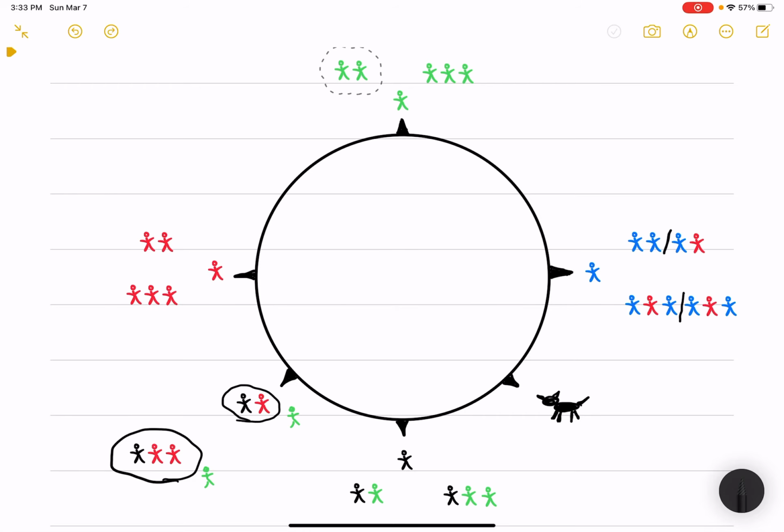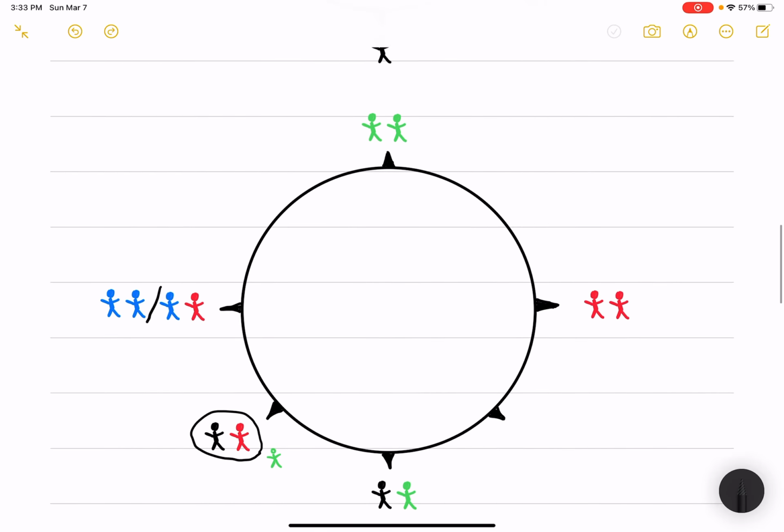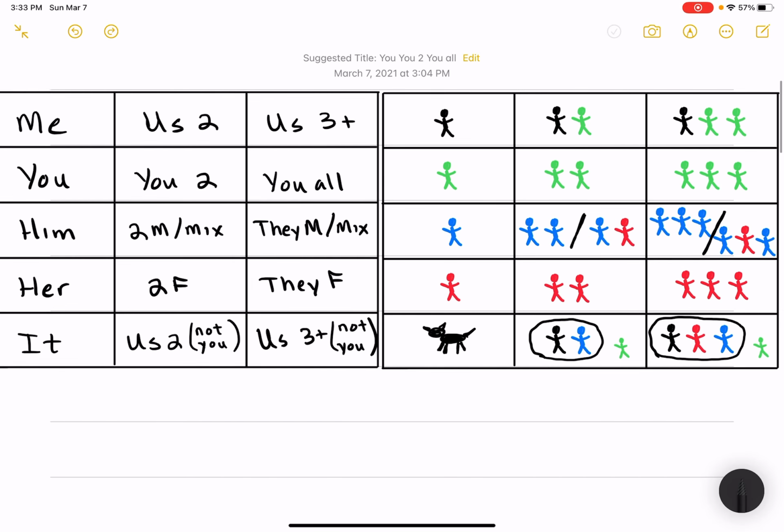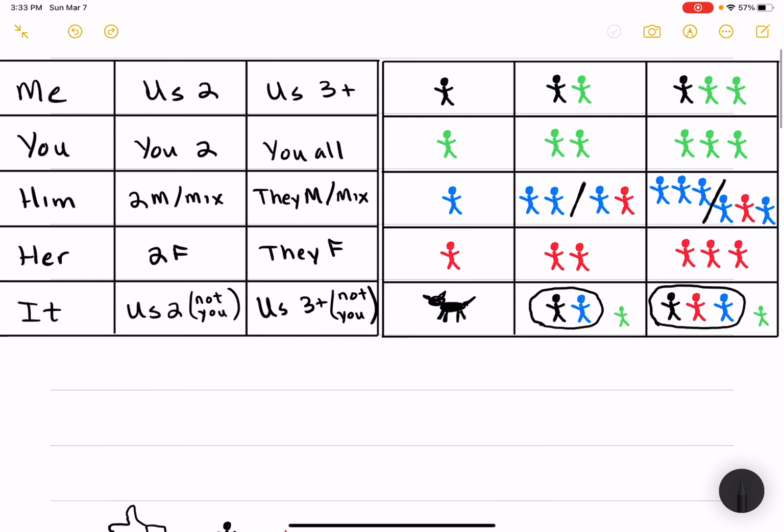So when you do those blue prefixes, in actuality, there aren't 15 changes. I have 15 boxes here, right? And I fill in all 15 boxes. But when you're doing the blue prefixes, this one here and this one here are going to be the same word. Same thing here.